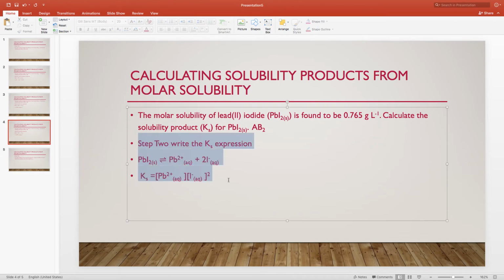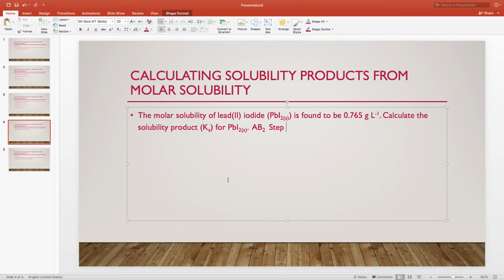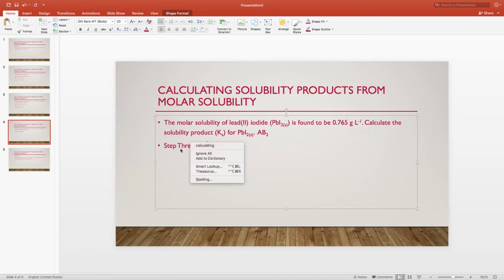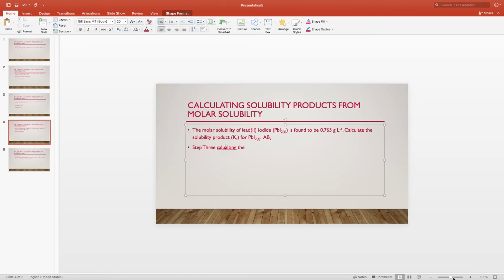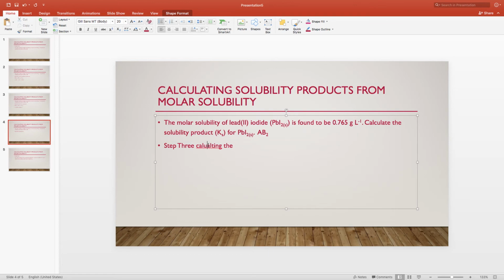We're now going to go to step 3, which is going to be calculating the equilibrium concentrations.